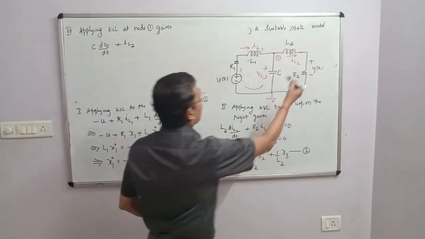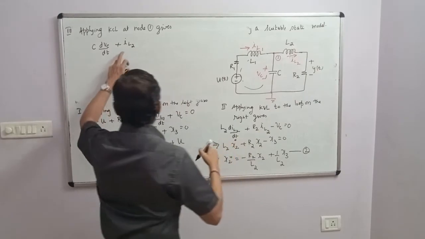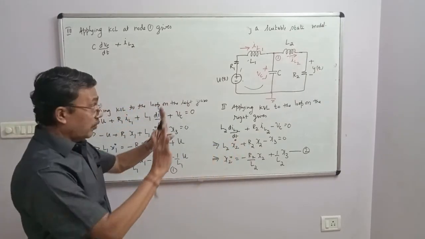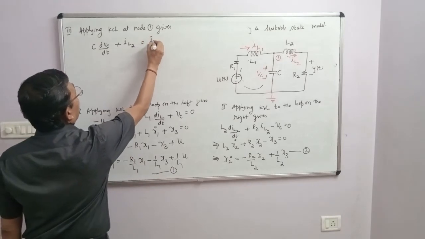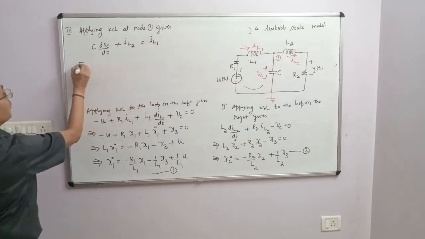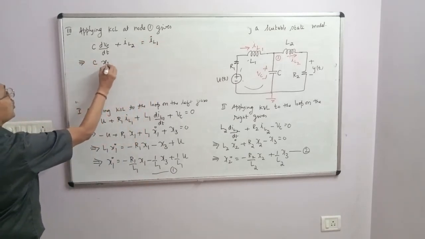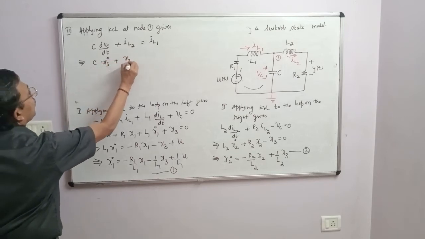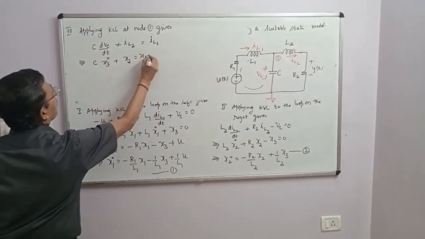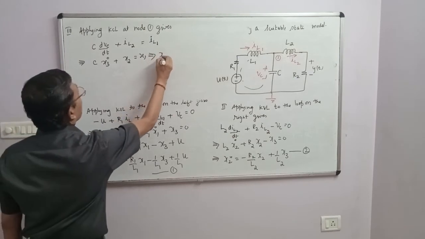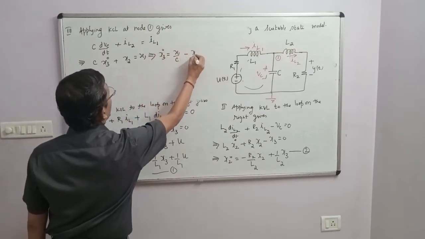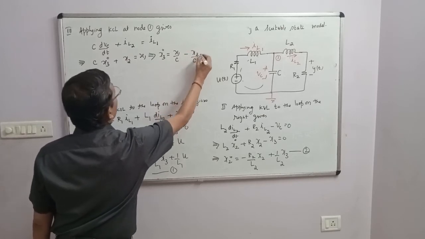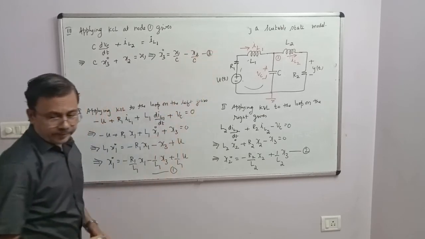If you take the other direction, then it will be entering. Choice of direction is yours. IL2 is equal to current entering, which is IL1. So this implies C into x3 dot; IL2 is x2, IL1 is x1. This implies x3 dot is equal to x1 by C minus x2 by C. This is equation 3.